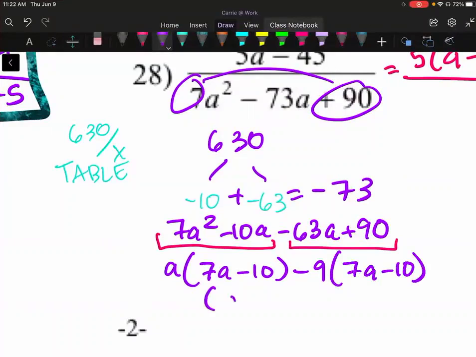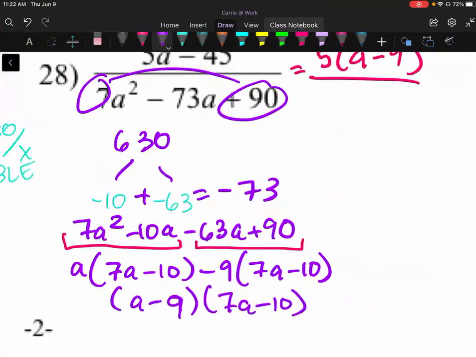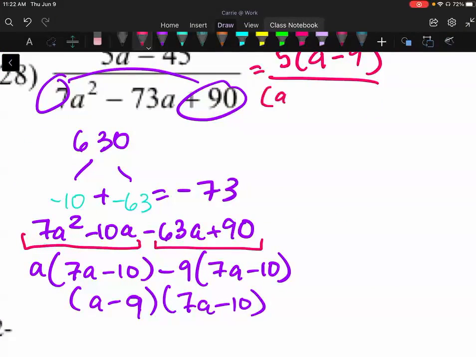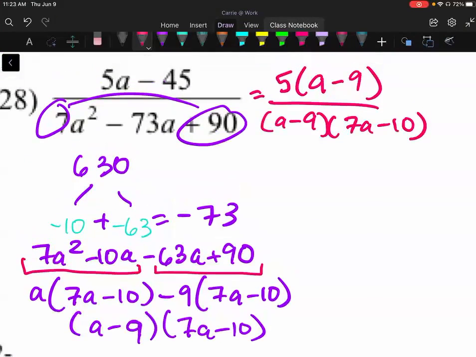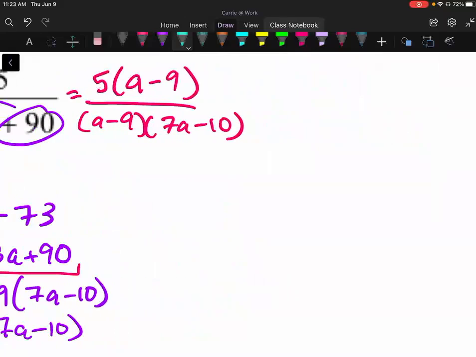I did this correctly because they match. That's a 9. All right, cancel things out that you can. And the last step is going to be writing our final answer, which is this.